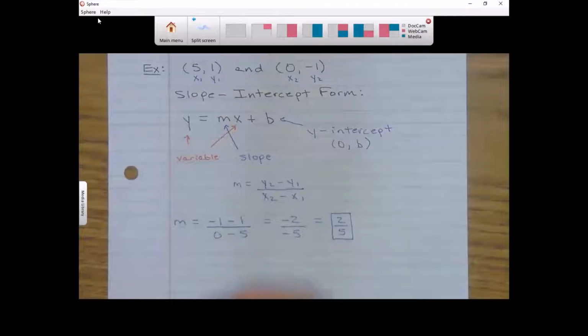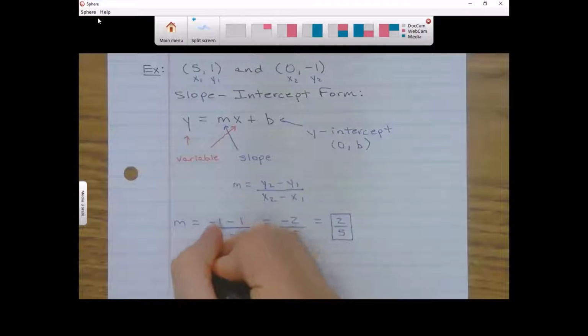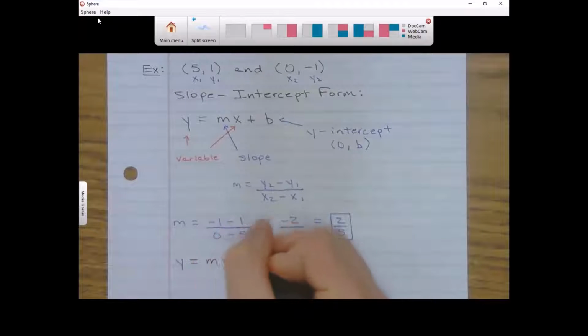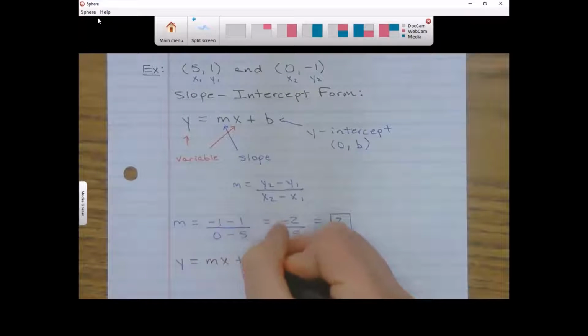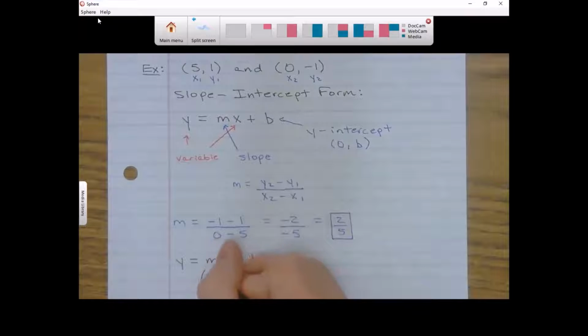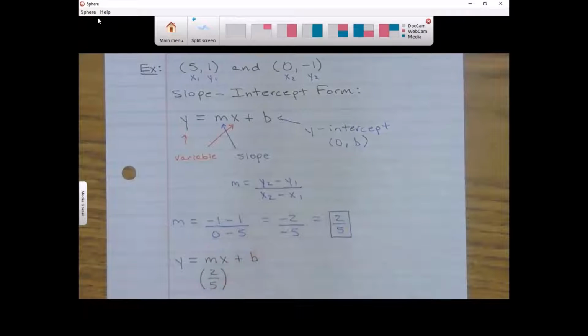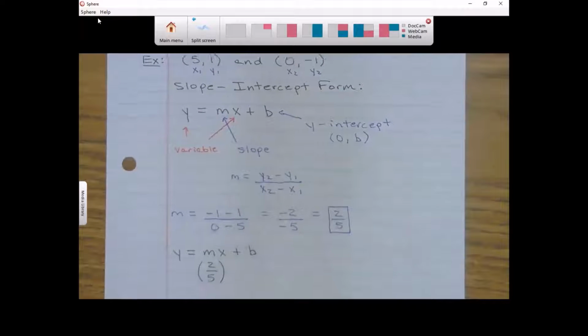So I'm going to write it out down here. Y equals mx plus b. The first thing I want to do is write 2/5 for m because that's the slope.